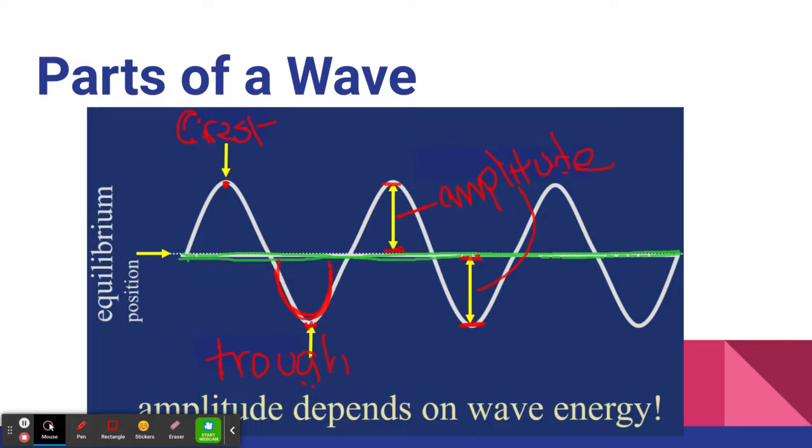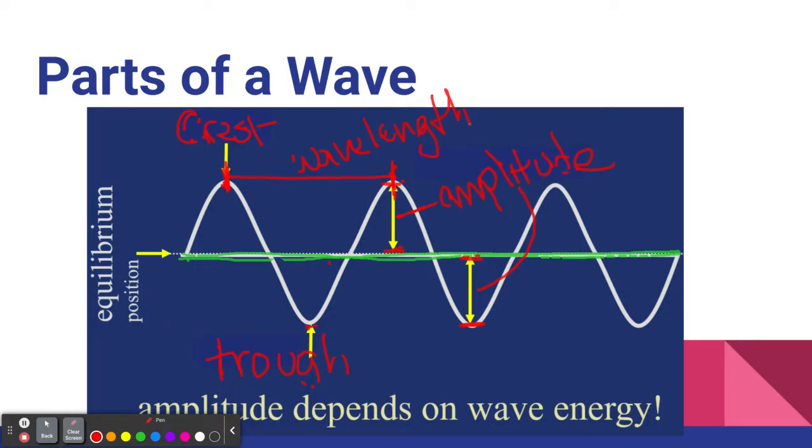So there's the crest, there's the trough, there's the amplitude. Now, where's the wavelength? Remember, wavelength is basically from crest to crest or trough to trough. So it'd be from this position to this position right here. That distance between here and here is the wavelength.